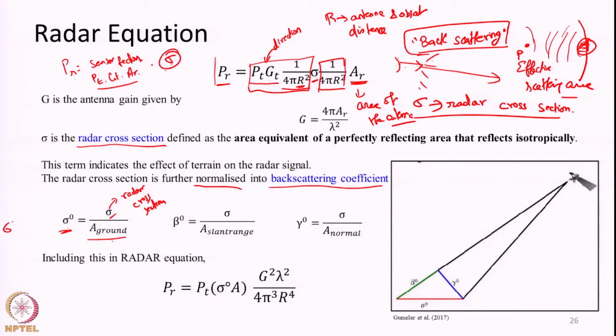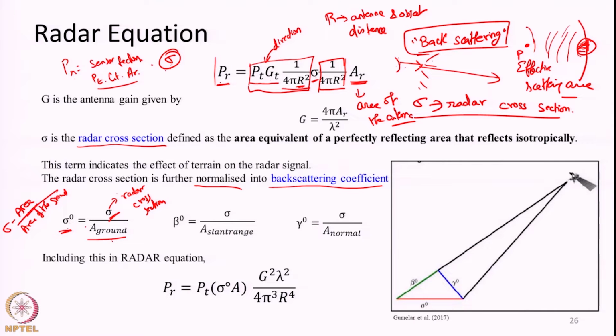Sigma is nothing but the area of the perfect isotropic backscatterer that is needed in order to produce the same backscattering received at the antenna under identical illumination conditions, divided by the area of the ground that actually contained that radar cross section.